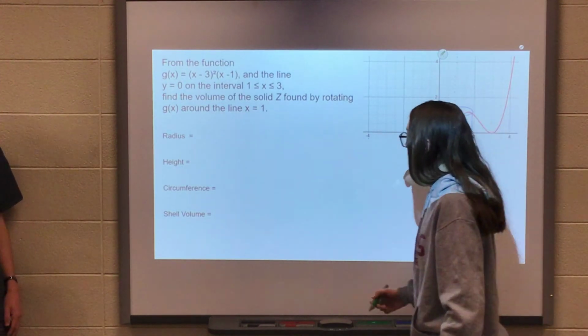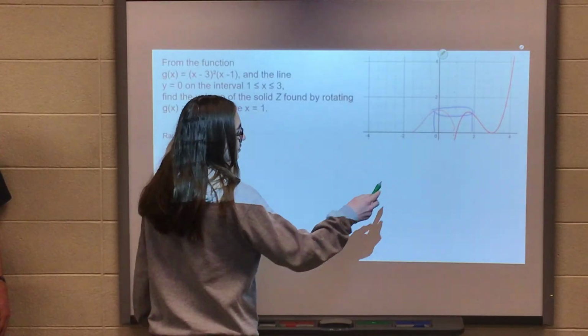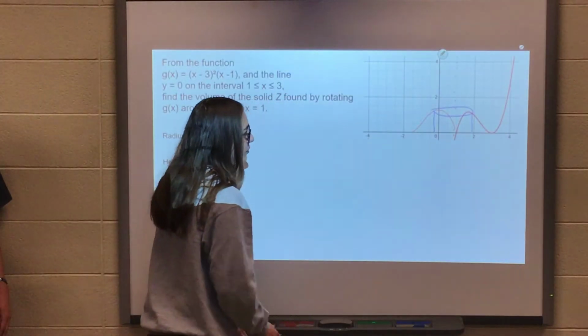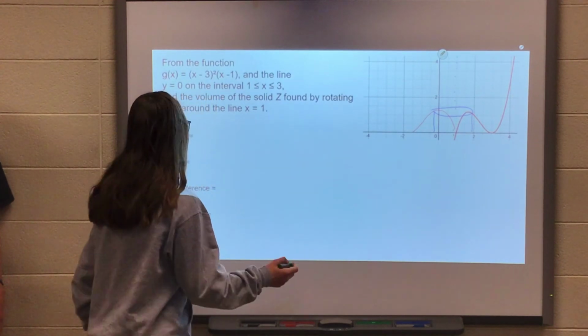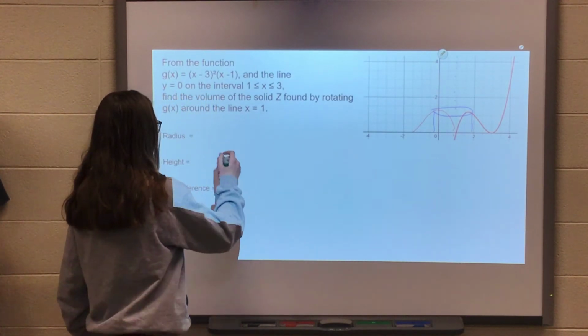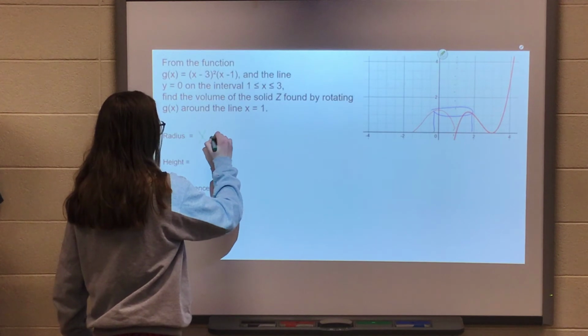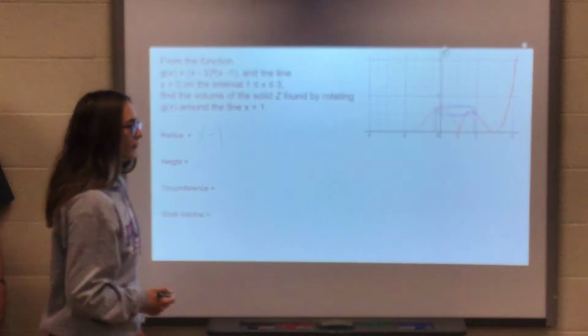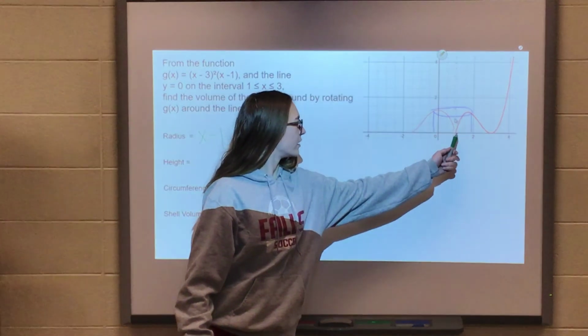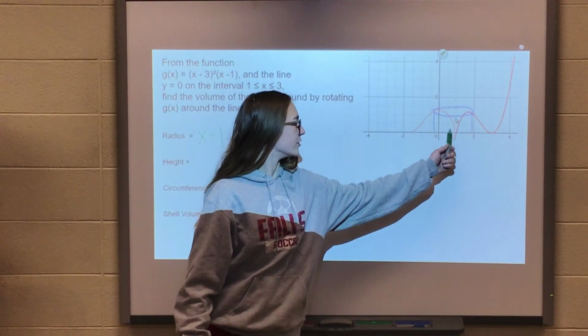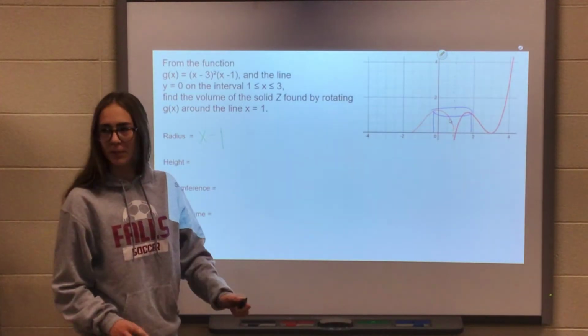Since we're going around x equals 1, we have to account for that it's not around 0. So we're gonna have to do x minus 1 because the radius is already adding 1, so we have to subtract it in order for it to just be the plain old x.